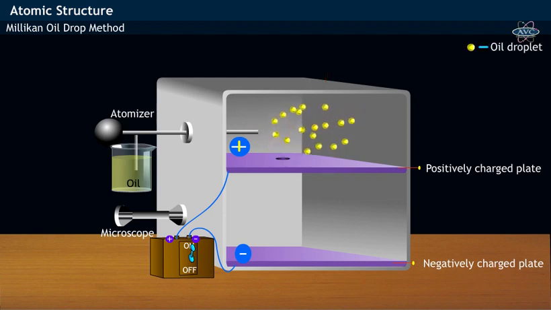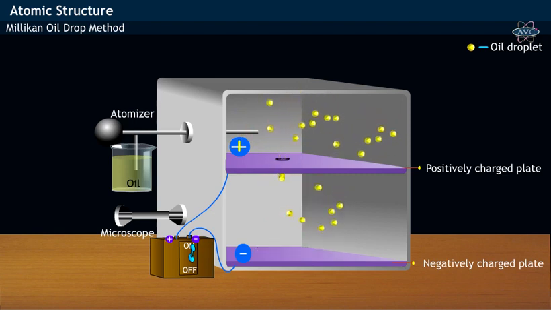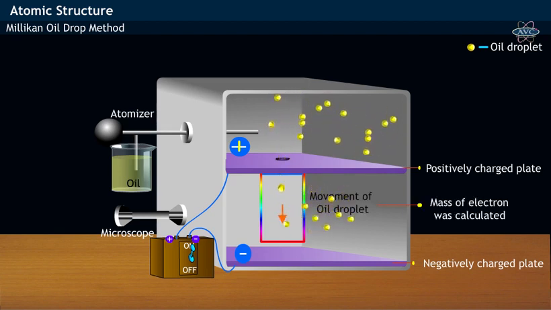It is observed that most of the tiny oil droplets spread all over the surface, while few oil droplets moving with certain velocity enter into the lower compartment under the influence of gravitational force. By observing the movement of tiny oil droplets, Millikan was able to calculate the mass of an electron.